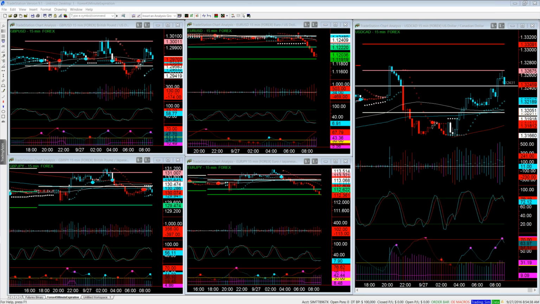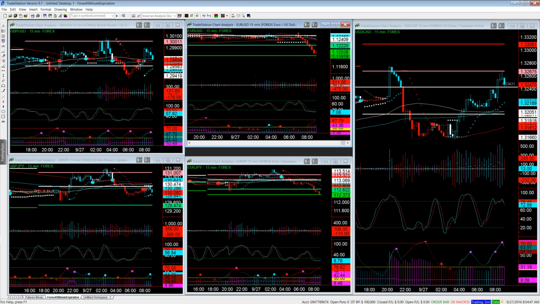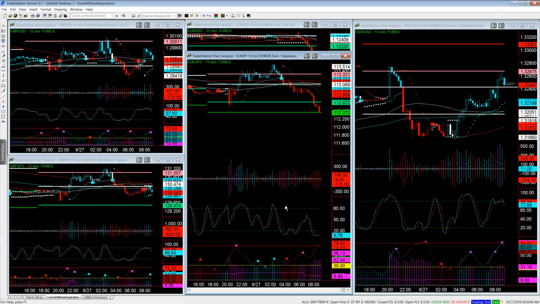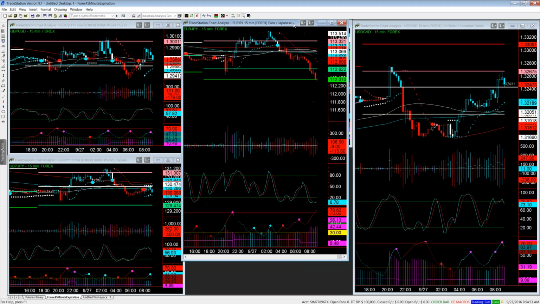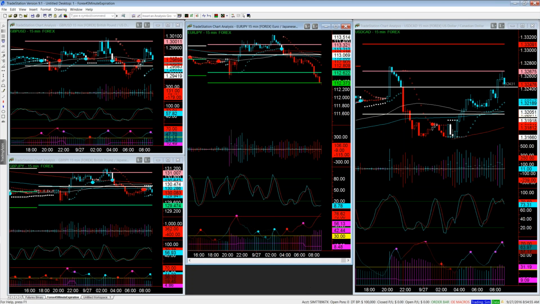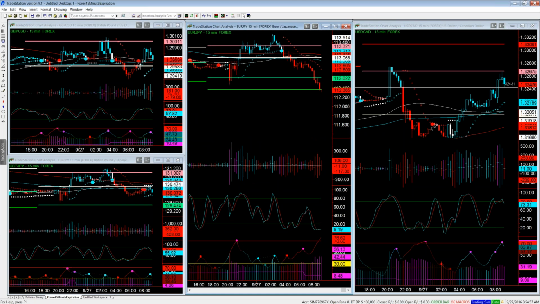You know, why do I like to enter at the ATR? Because it's the lowest point of risk. And now you may be getting an entry on the euro yen. It's not there yet, but do you see this volume divergence here? So you've got volume divergence.